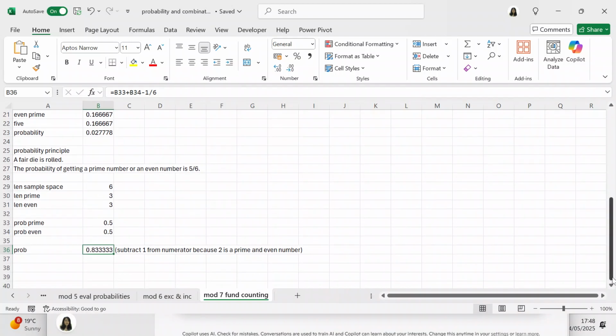So those are the 4 questions that we've answered in Module 7 of the Probability and Combinatorics course. We've done this in Python and now we're doing it in Excel. So you should know how to do this in Python and also Excel.